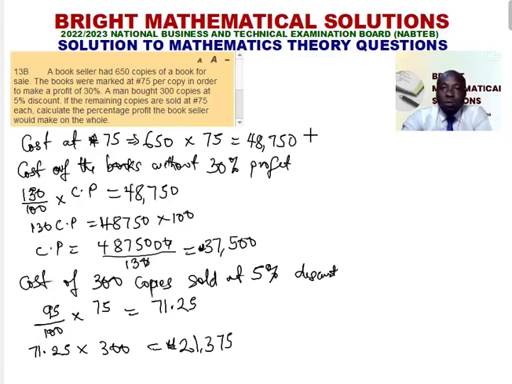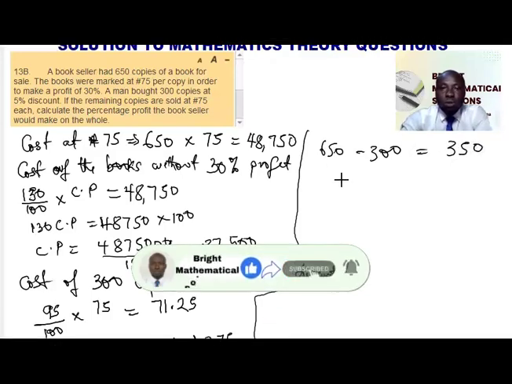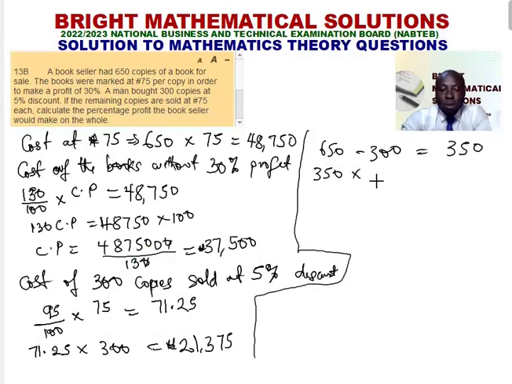Now the remaining copies, which were sold for 75 naira, that is 650 minus 300. So 350 were sold for 75 naira. That is 350 multiplied by 75, which gives us 26,250 naira.